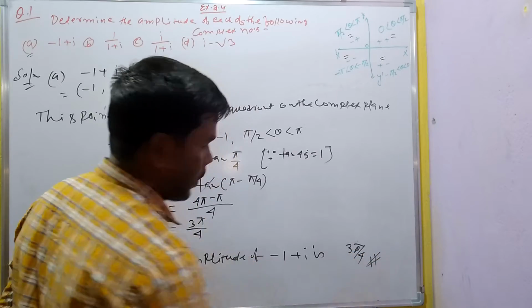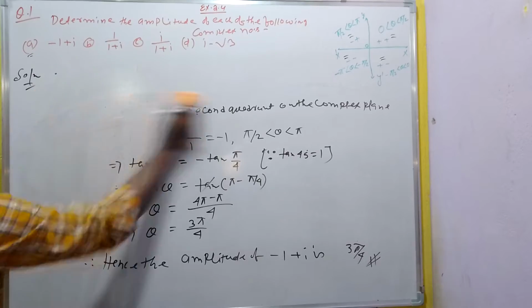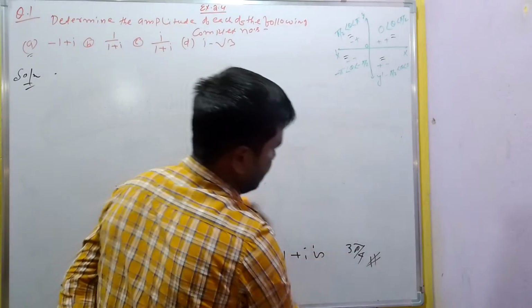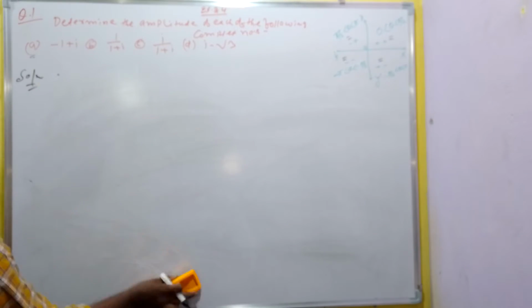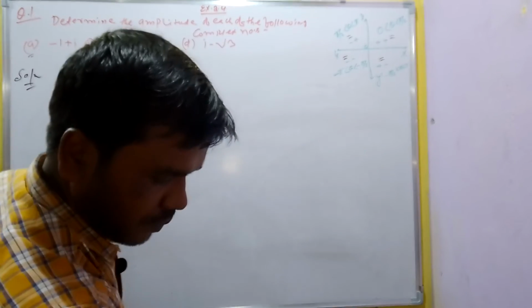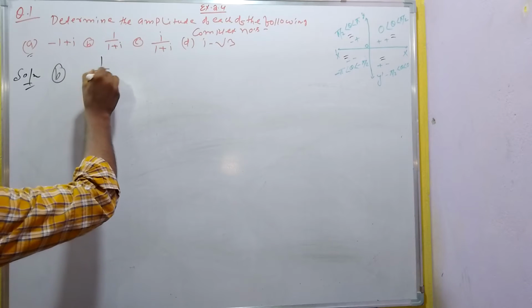This one answer. Okay, now we have to find question number B. So question number B, 1 by 1 plus i.